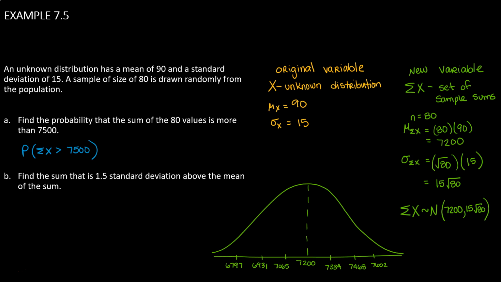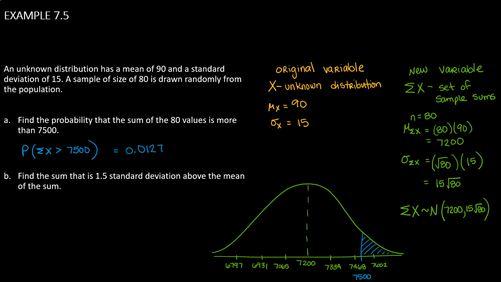And we're interested in looking for the area that's at 7,500 and above. So I'll shade that in. It's the top end or the right tail. And I'm going to use my calculator to calculate this area to find that there is a probability equal to 0.0127, which is about 1%. So there's about a 1% chance that any one of these samples has a sum that's more than 7,500.